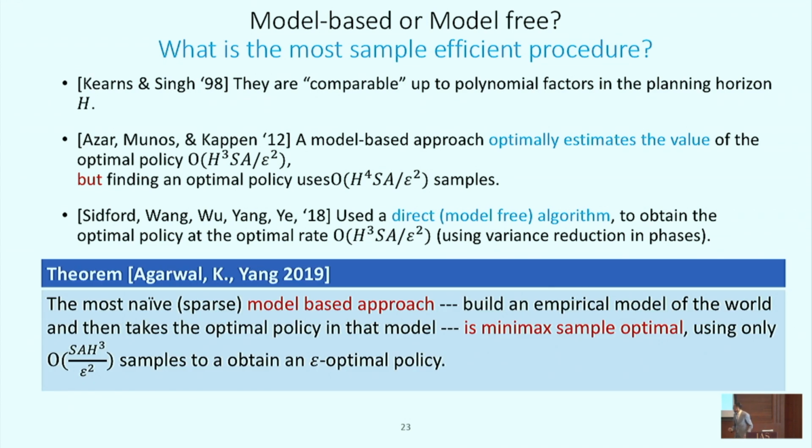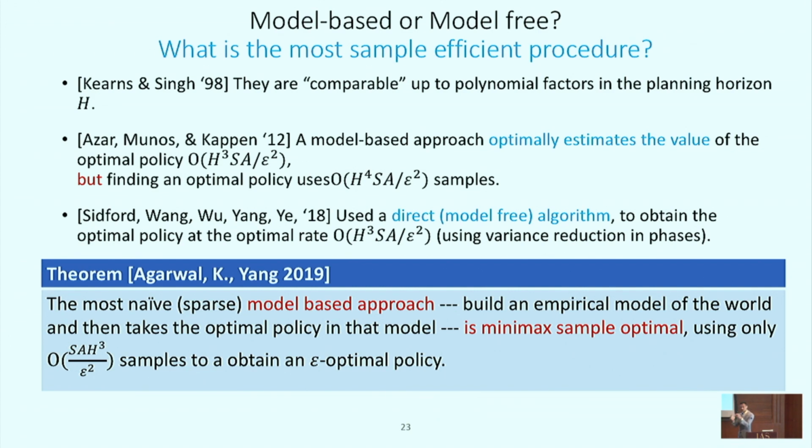Then recently, we actually resolved this, showing that, in fact, it was entirely an analysis issue. For a while, I was trying to prove a lower bound, showing that maybe a model-based approach wouldn't work, and we spent quite a while trying to come up with a lower bound until we realized it was an analysis issue.